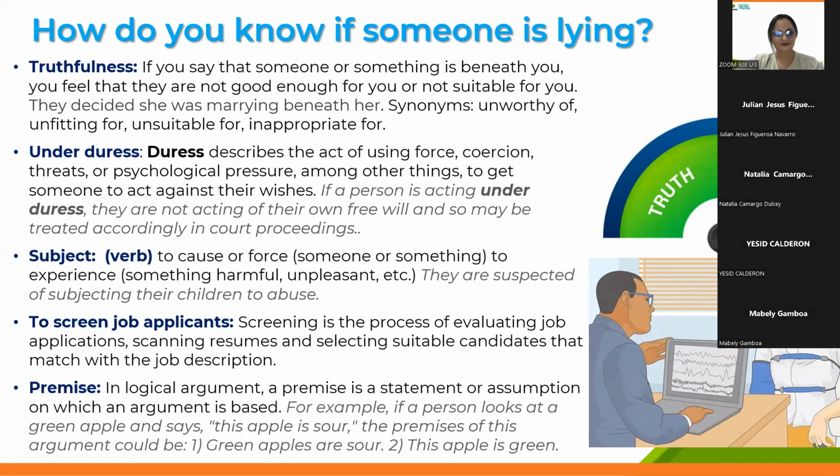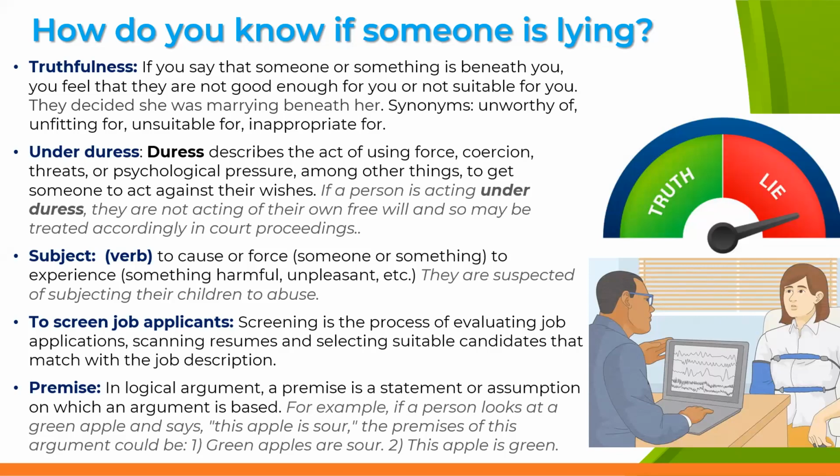Teacher, truthfulness. If you say that someone or something is beneath you, you feel that they are not good enough for you or not suitable for you. They decided she was married beneath her.